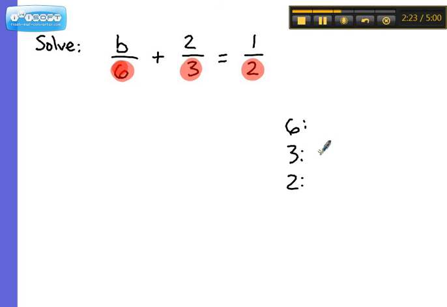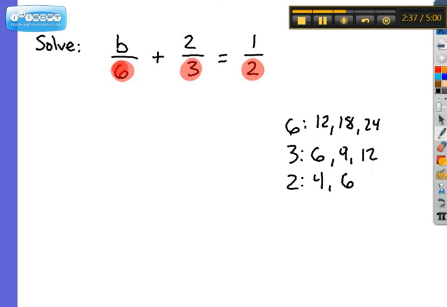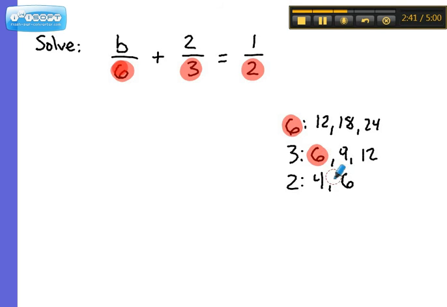So 3, the next number is 6. 3, 6, 9, 12, etc. 6 would be 6, 12, 18, 24. 2 is 2, 4, 6. Well, hold up. I can stop right there because 6, 6, and 6. That's the first number that shows up in each of these, so that's going to be our least common denominator.